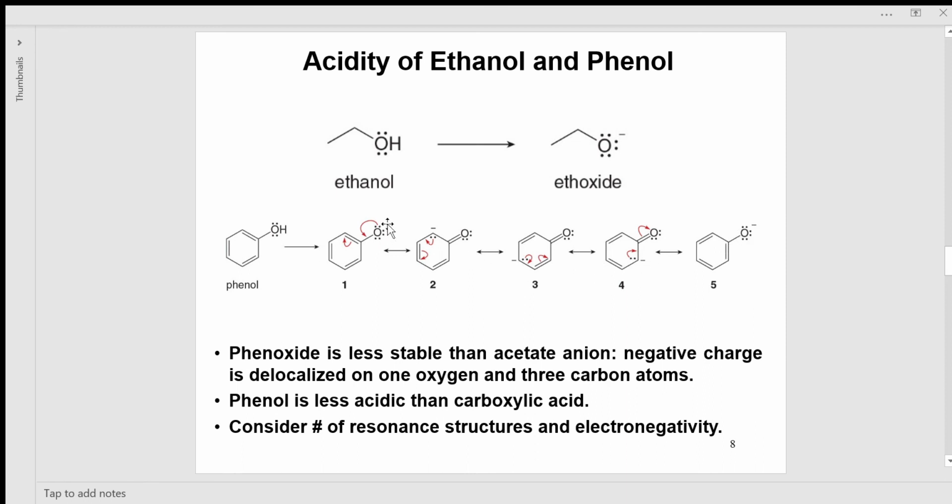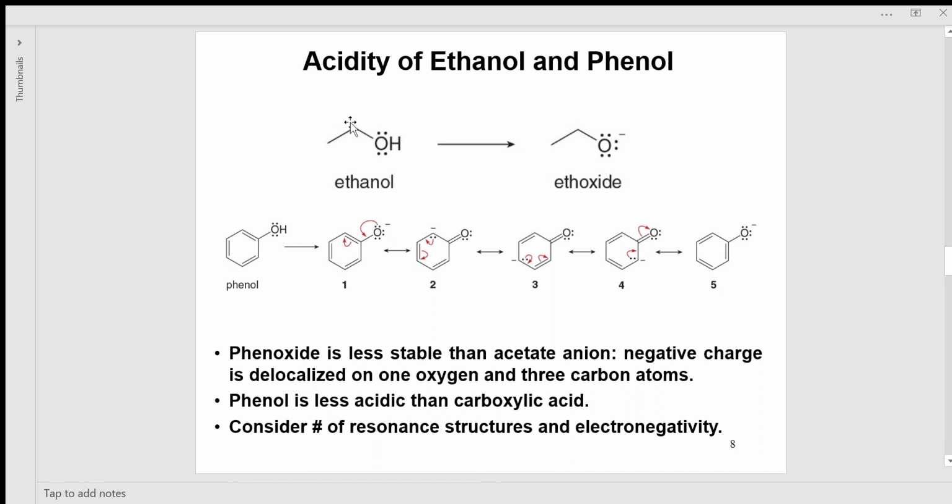So this conjugate base is more stable than ethoxide. In other words, if ethanol provides a proton, it forms a less stable ethoxide, so it is unwilling to generate this ethoxide.